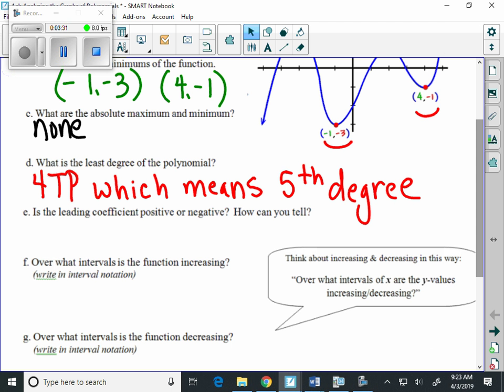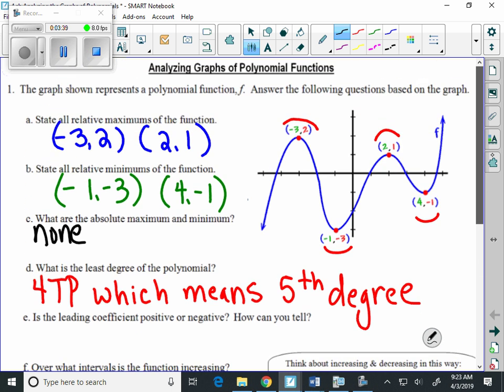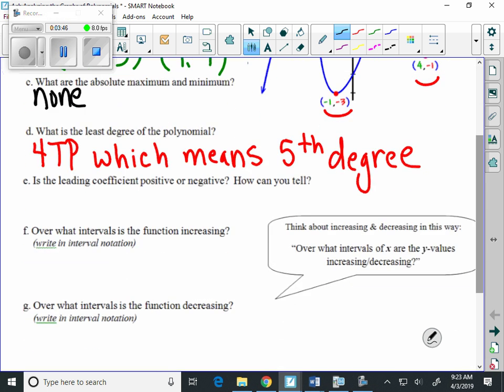Letter E. Is the leading coefficient positive or negative? Well, once again, remember, look at how the graph is finishing. Our graph over here is going up to infinity. Y is going up to, in fact, we can say positive infinity.